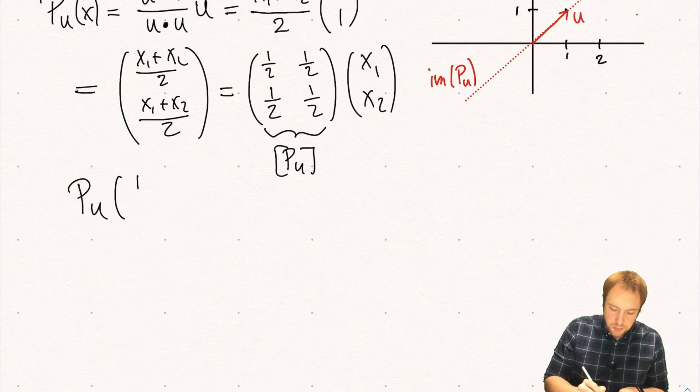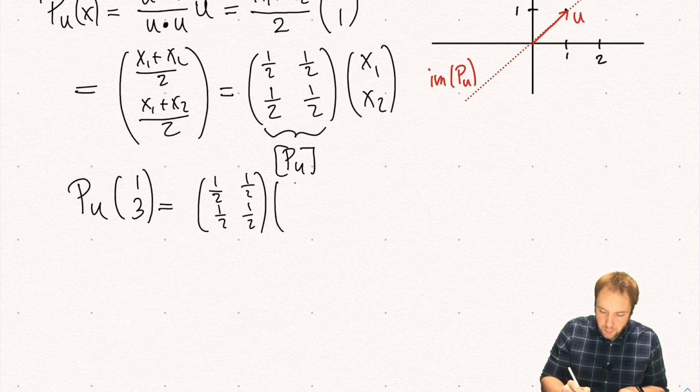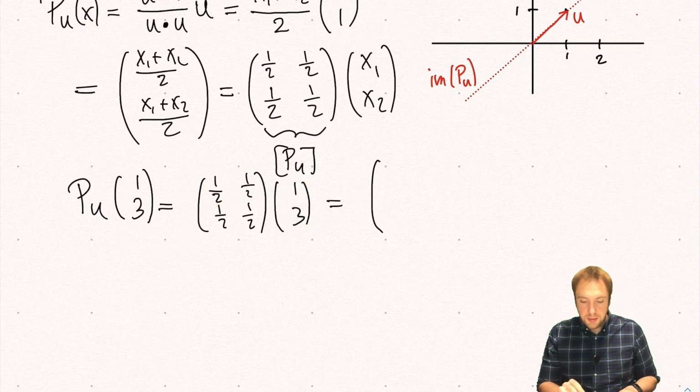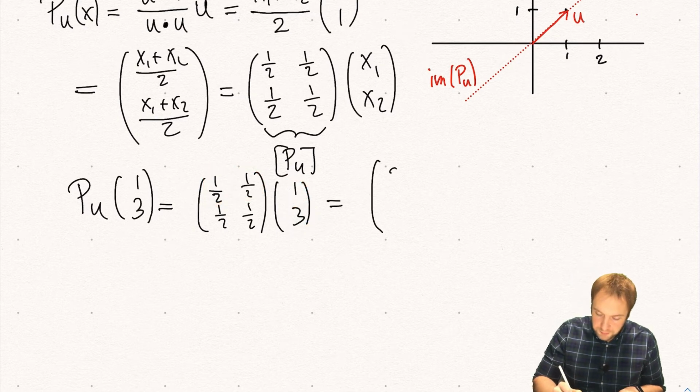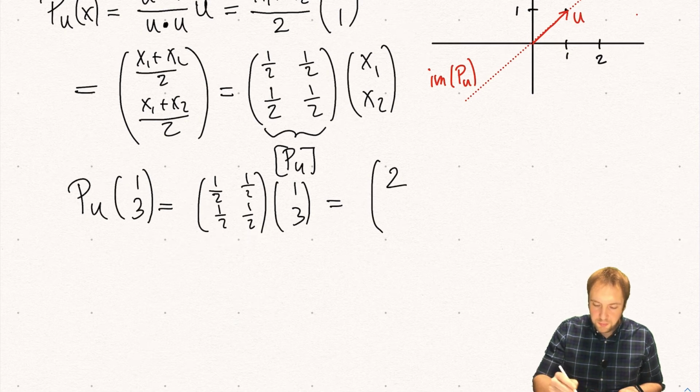We multiply with this matrix by (1, 3). And what do we get? Well, it's 1/2 plus 3/2 is 4/2, so this is 2. And here it's the same, so it's (2, 2).